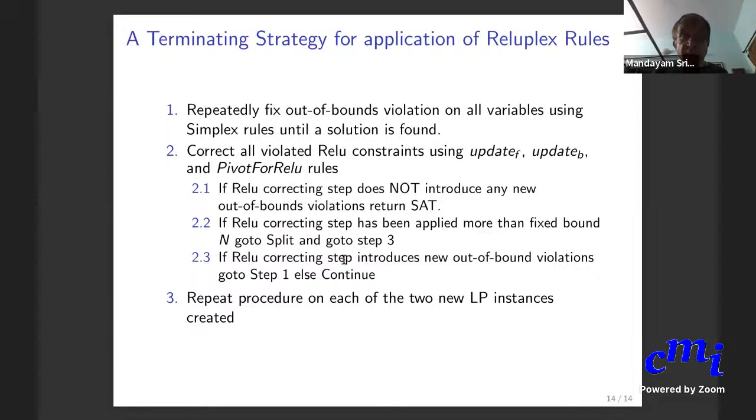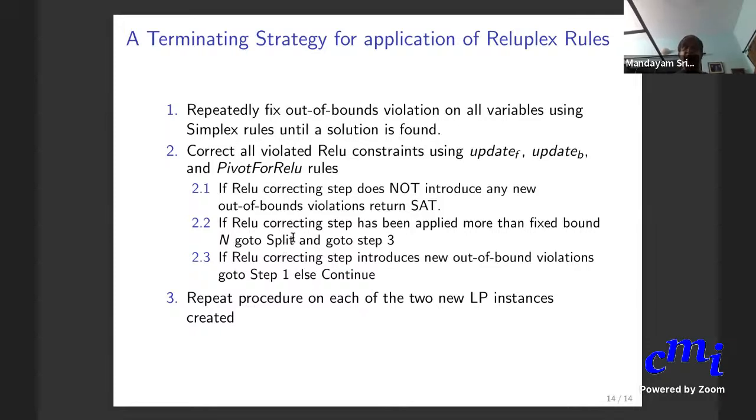If the correcting step terminates after a few iterations, but it introduces new outer bound violations, then you have to go to step 1. Before case splitting, if it introduces new violations, then you have to call LP again after fixing.